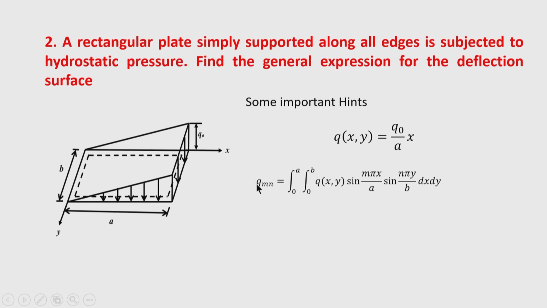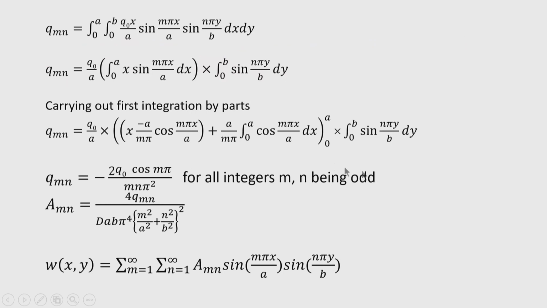So, therefore, qmn is written as 4 by ab integral 0 to a and also 0 to b q(x,y) sin m pi x by a sin n pi y by b dx dy. So, this integral is carried out, and here this constant term is taken out, and this integral is done with the rule of integration by parts, and this is the integration of sin n pi y by b dy.